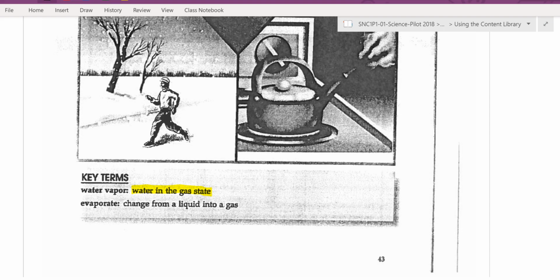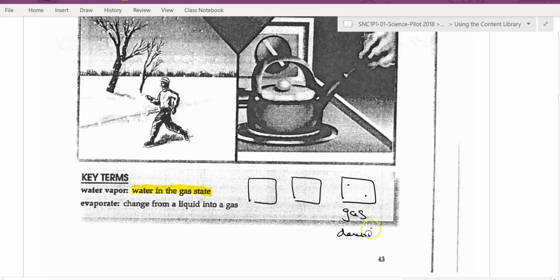For a gas state, the density is much lower, which means if I were to draw, say I'll represent it as boxes here, the particles in the gas state for water would be 1 or 2 particles and they'd be really far away. The density of particles is low.